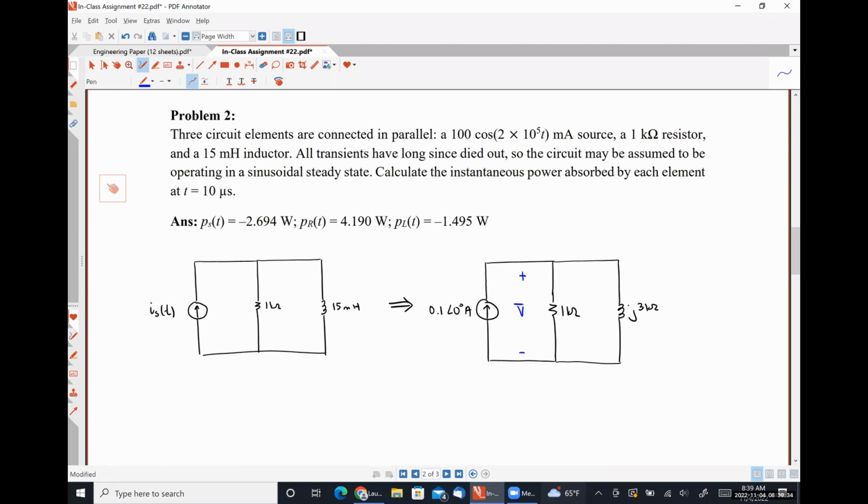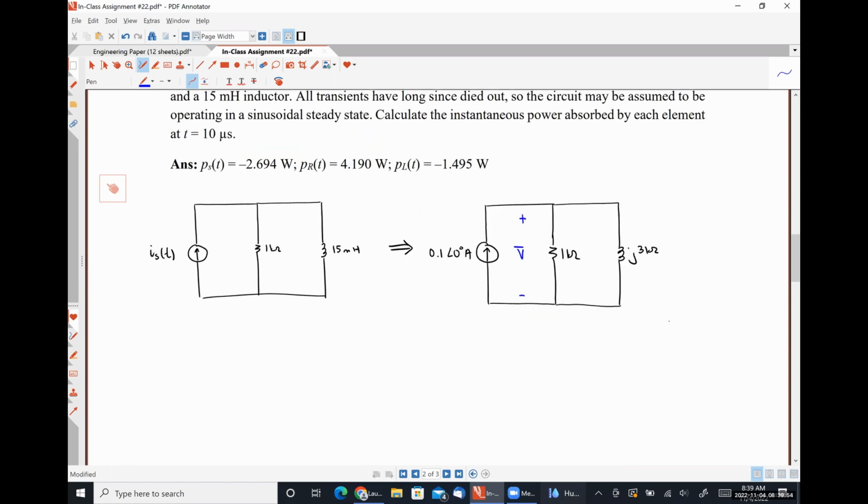I say I don't have 100% because since I'm looking for absorbed power, I technically need to know what the current flowing in the opposite direction is. I would just shift 0.1 angle 0 to be 0.1 angle 180 degrees. And now I know everything I need to know, okay? So let's calculate this quantity V. Anybody have any thoughts on how we might do it?